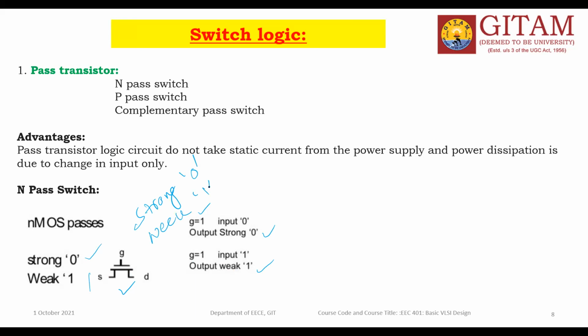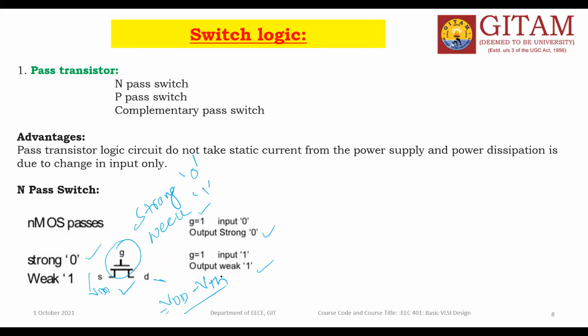Suppose the input is VDD, logic 1. Output D is equal to VDD minus the device threshold voltage VTH. Whenever the input is logic 1, the output is input minus threshold voltage.